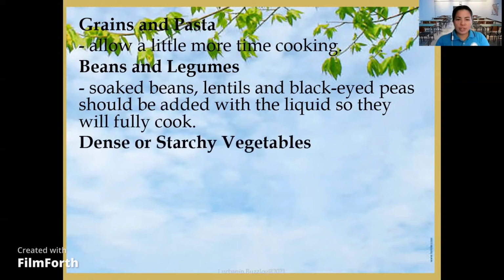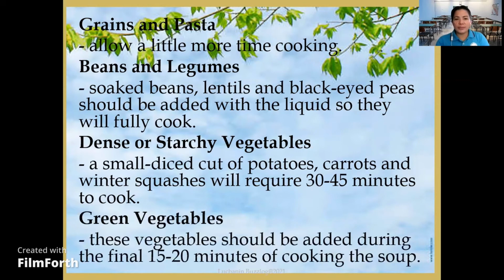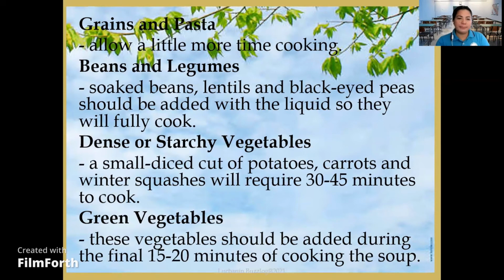And the dense or starchy vegetables, so it is a small diced cut of potatoes, carrots, and winter squashes that require 30 to 45 minutes to cook. And we have the green vegetables. Ito naman, these vegetables should be added during the final cooking time for the soup, about 15 to 20 minutes.